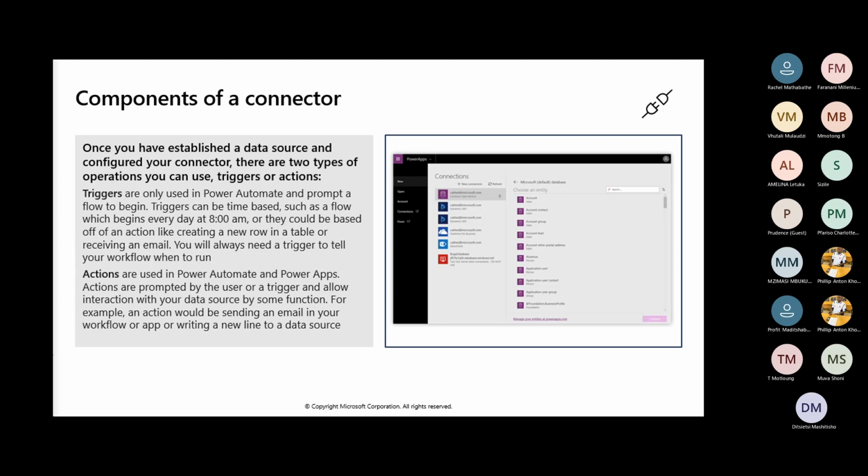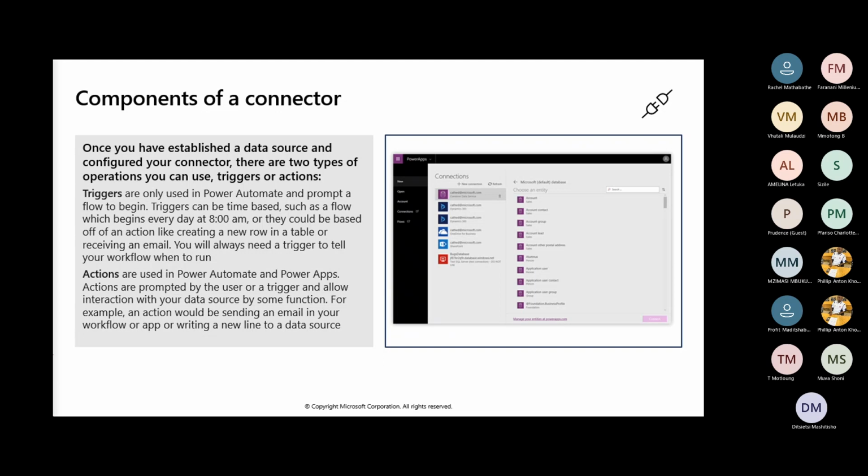Okay, and then an example of actions in Power Apps would be, let's say you are applying for leave. Once you click apply, we would need to store that leave application information somewhere. So once you click apply, it will be stored in a database, Dataverse or SharePoint.